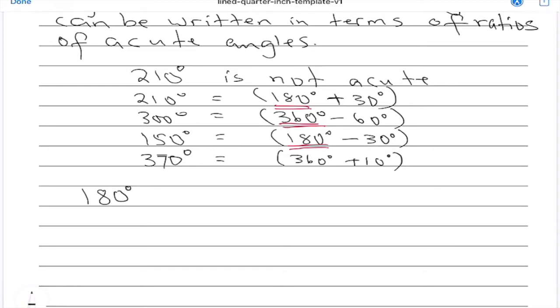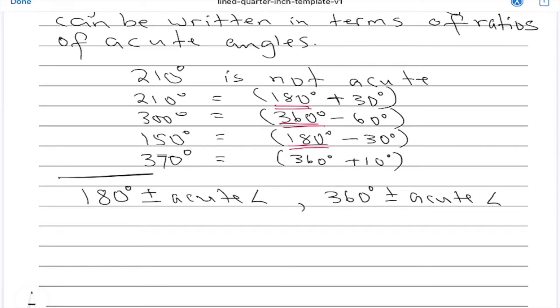So we are saying we can rewrite some of these angles in the form 180 degrees plus or minus some acute angle, right? And we can also write some of these angles as 360 degrees plus or minus some acute angle.